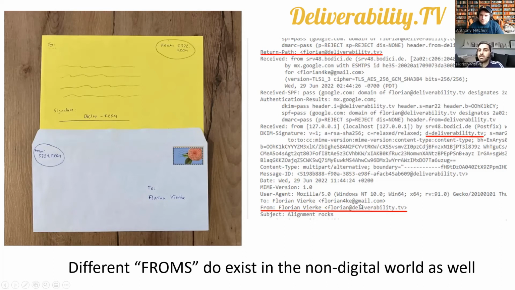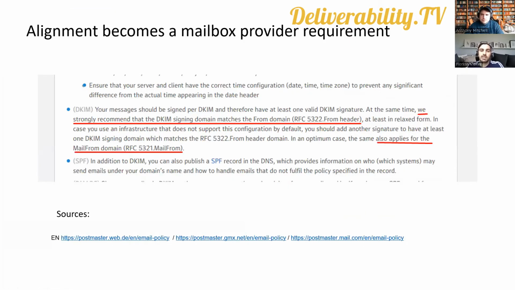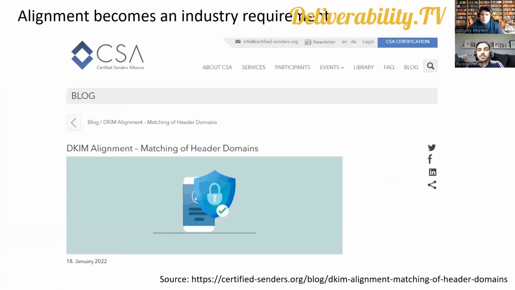And that's why there's a few articles, for example, a postmaster page from a huge provider in Germany, and they explicitly mention that. They say, we want you to sign DKIM with the same domain as you use in the from domain. And this also applies for the MailFrom domain 5321, which is the envelope domain. There's also, not only for a specific ISP but industry-wide, the requirement to do that.